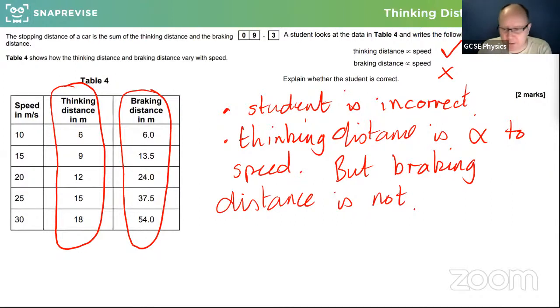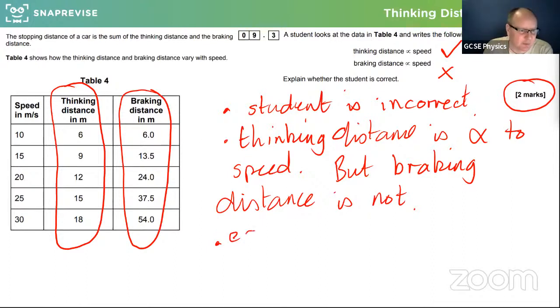We can see that by looking at the data in the table. And because we've used the data in the table, we should give some examples of data from the table to make sure we get the marks. Although it's only a 2-mark question, if there's data given to you, it's normally expected that you give some examples.